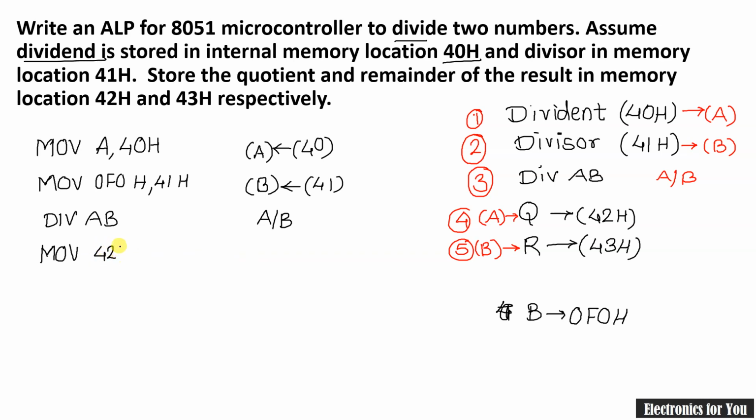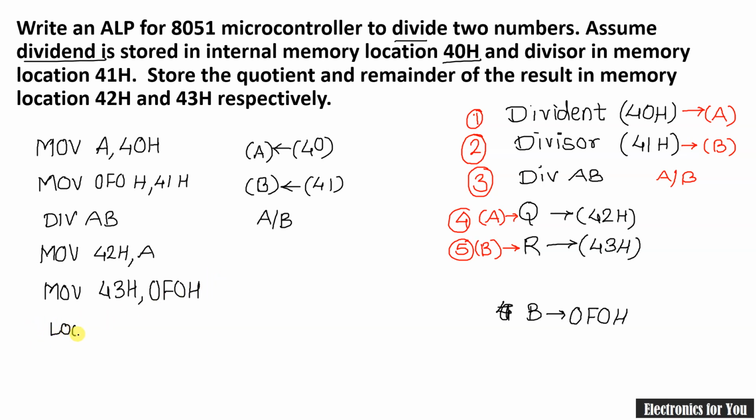So 42H should be written first on the left hand side, and the accumulator should be written here. Then again we should use the MOV instruction, and here 43H, the remainder, should be stored from the B register, and for the B register again we should use 0F0H here.